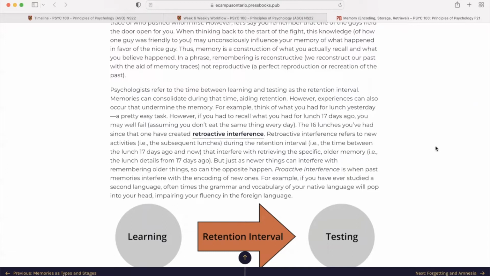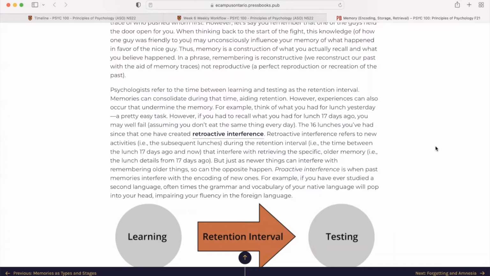The 16 lunches you've had since that one have created retroactive interference. Retroactive interference refers to new activities, for example the subsequent lunches, during the retention interval, that is, the time between the lunch 17 days ago and now, that interfere with retrieving the specific older memory, the lunch details from 17 days ago.